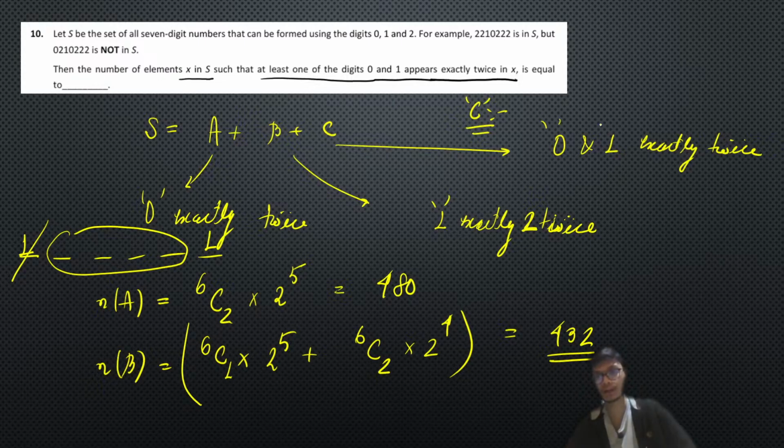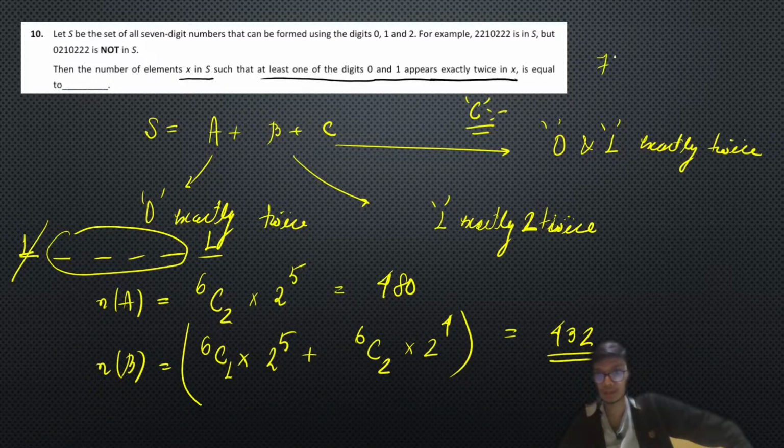So if I look at the digits 0 and 1, they are exactly occurring twice. I cannot have zeros coming in the front digits. So first of all I have to count all possible solutions minus the number of solutions where zeros are coming at the beginning.